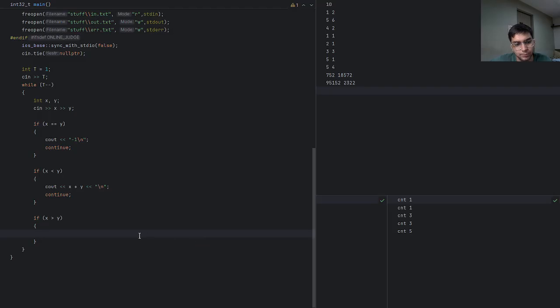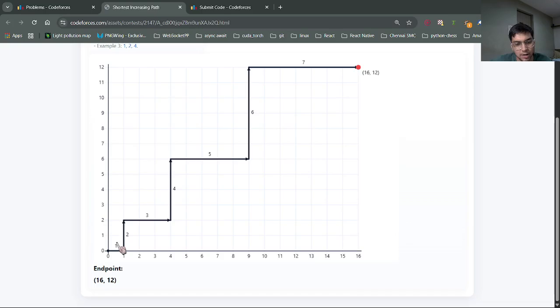If it's not, right, if x is greater than y, then we have to ask ourselves one question, whether it lies on this shifted line. So essentially what it means is whether it lies on 4 comma 5 or not, or something like that.